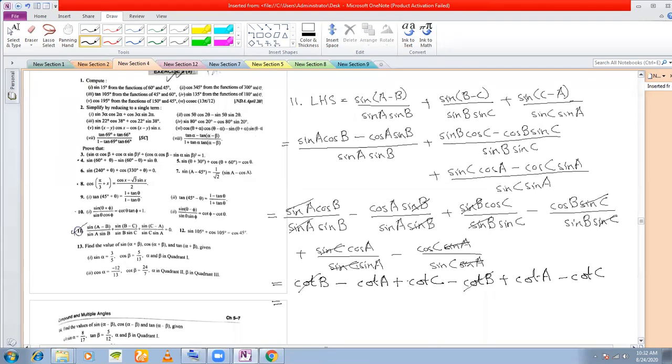Cot B and minus cot B cancel each other, plus cot A minus cot A cancel each other, and plus cot C minus cot C cancel each other. You get 0, which is equal to the right hand side.